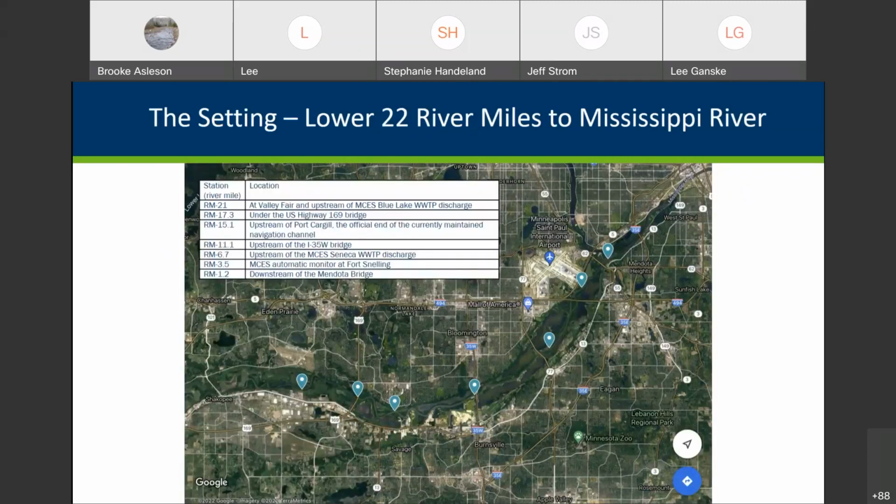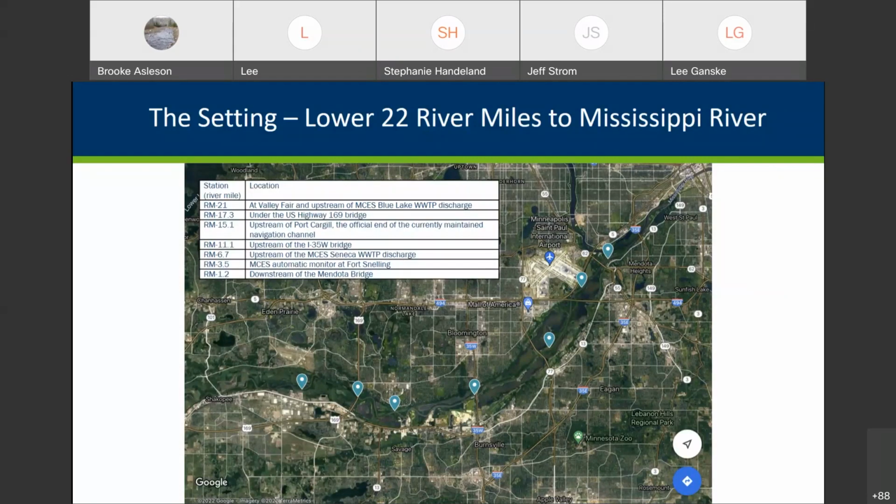So for this study, we're talking about the lower 22 miles of the Minnesota River. And that's roughly from around Shakopee, Valley Fair if you're looking for a landmark, to, like I said, the confluence with the Mississippi River. The Minnesota River, and other rivers and streams throughout our state, are broken up into different segments.